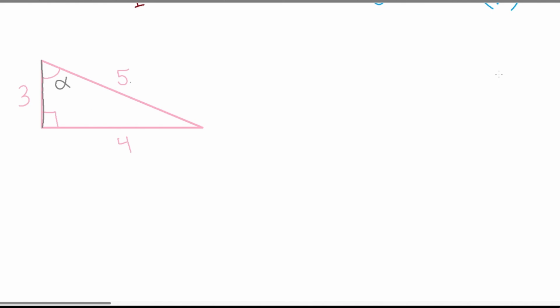And the hypotenuse would be the longest side, which is opposite of the right angle. So this would be the hypotenuse. So the cosine of angle alpha is equal to the adjacent, which is 3, over the hypotenuse, which is 5.